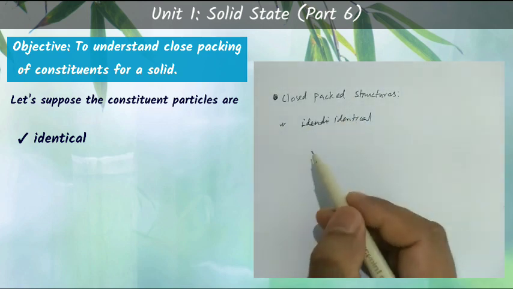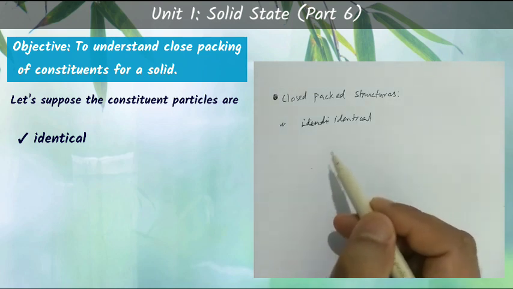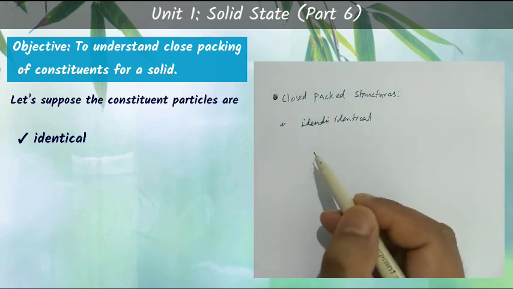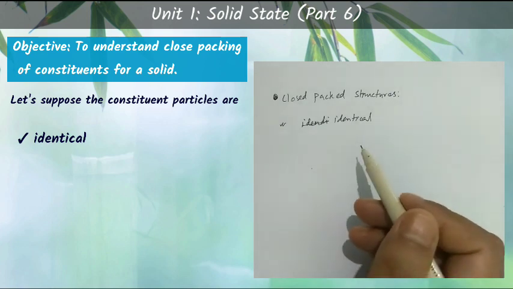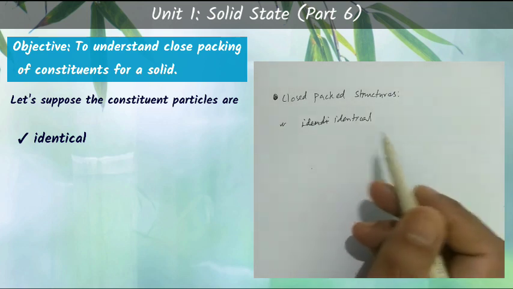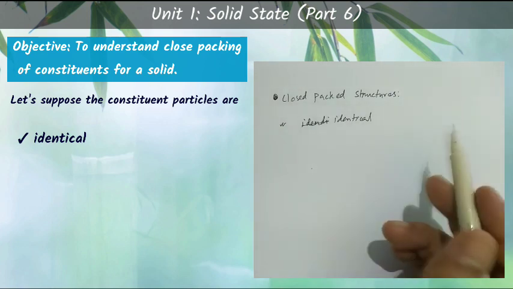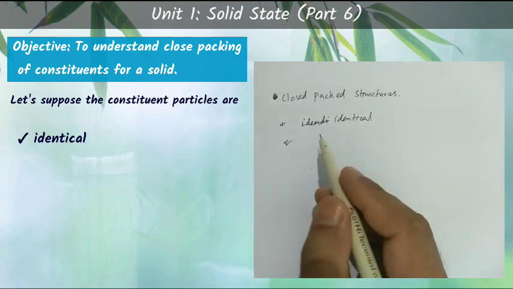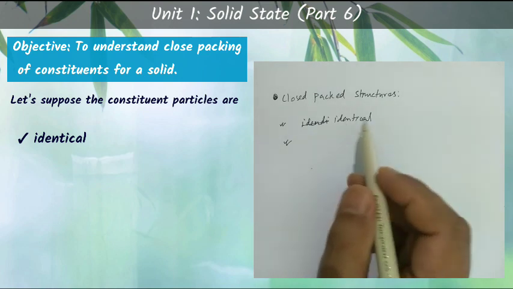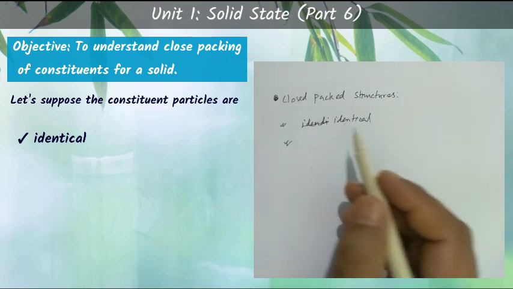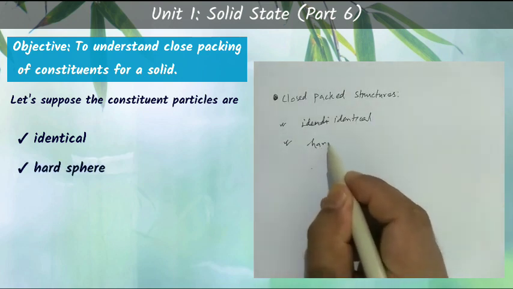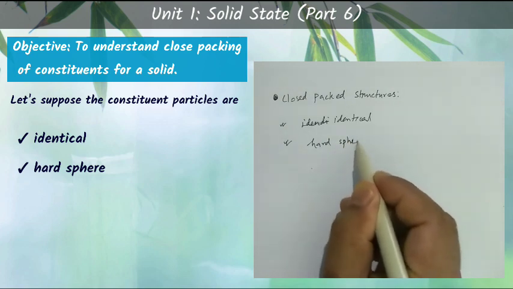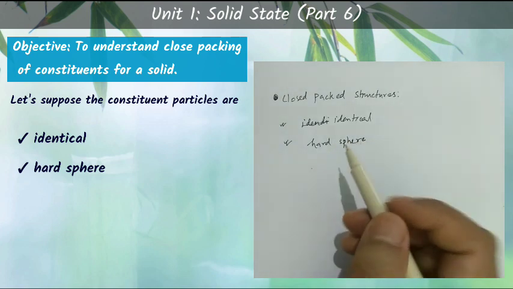So if one atom is there, the same atom will be near that atom, and another same atom will be near that other atom. It will be like that. Additionally, we have to consider that those constituent particles are hard spheres. But actually this is not true.